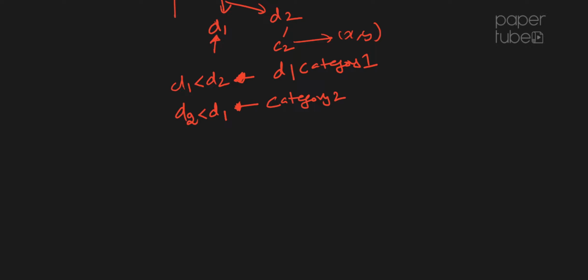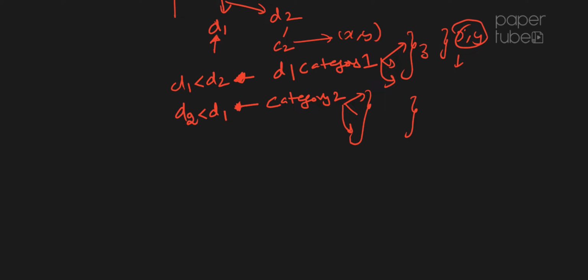And once you know which data points belong to category 1, so let's say you have 3 data points, and another category contains 3 data points, we take the average of all the x and y. You get the new cluster center, and you take the x and y of all the data points in category 2, and then you get the new cluster center.